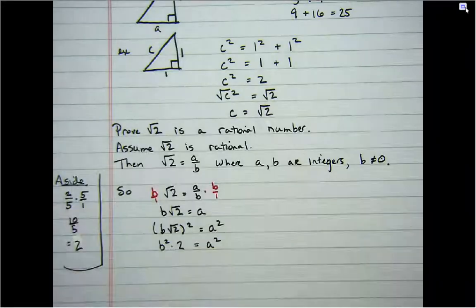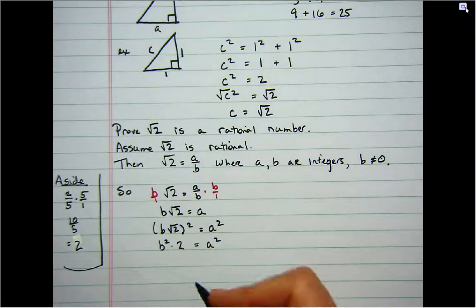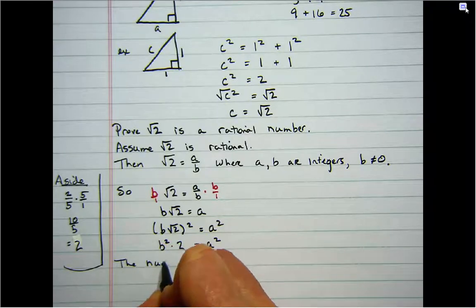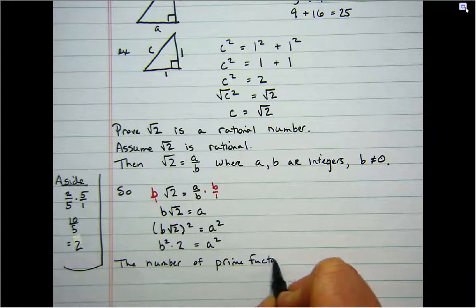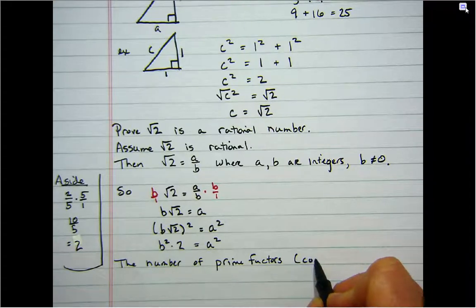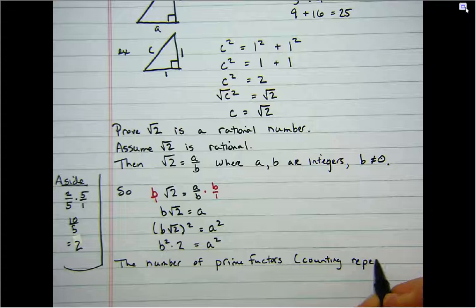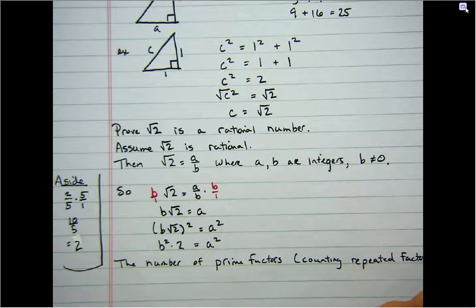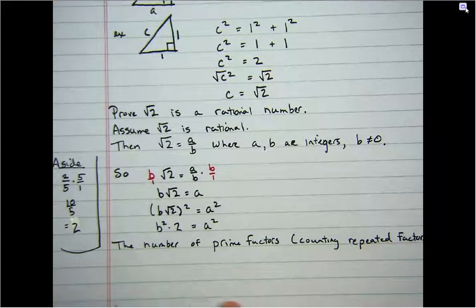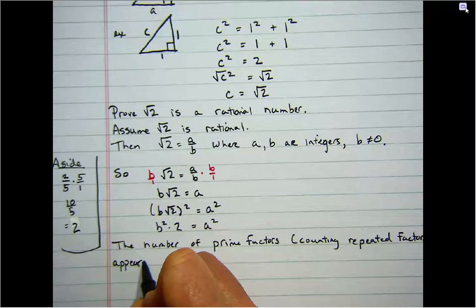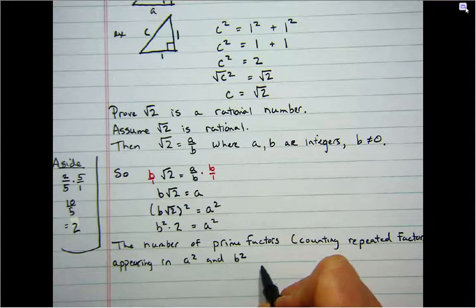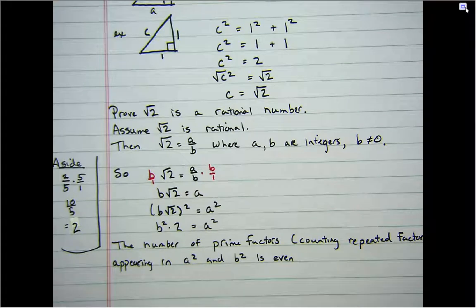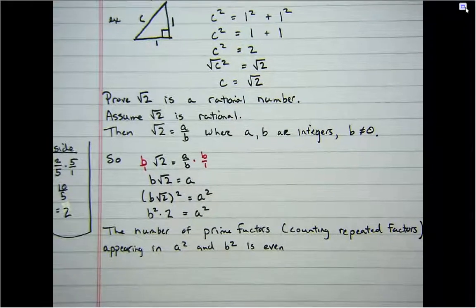Well, what we're seeing in those examples is that the number of prime factors, counting repeated factors, appearing in a squared and b squared is even. Okay, that's counting repeated factors.